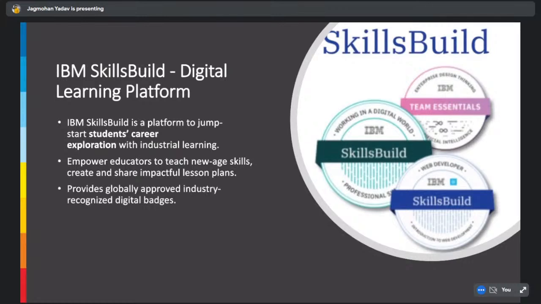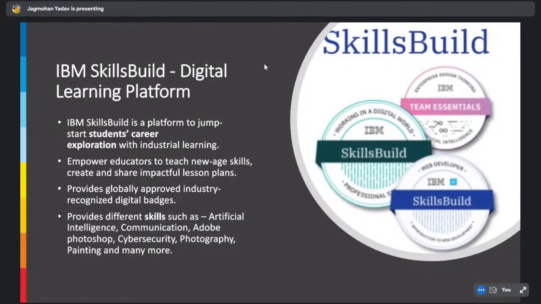Nowadays technology is improving day by day. When you grow along with this technology driven world, you should also be aware of the technology that surrounds you. One more thing: all these courses are completely free of cost, and all the content is under one platform. You need not go to any other platform to complete the activities. All the resources and activities you're going to do are completely under the Skills Build platform.